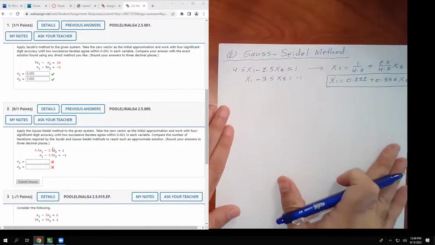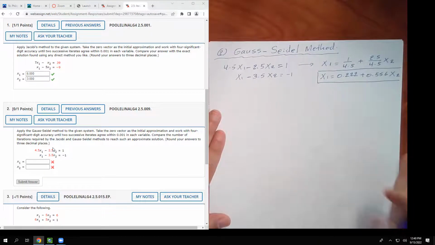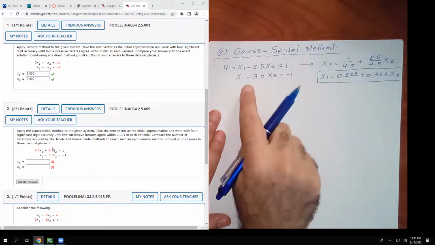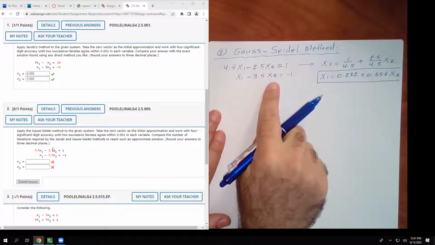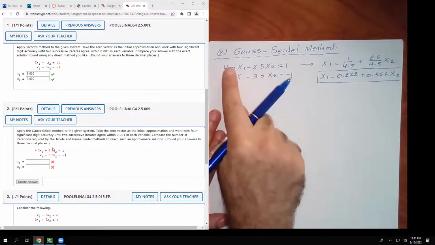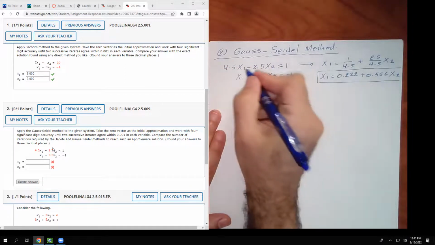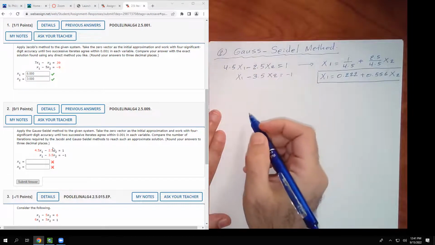The second one, I'm going to solve for x2. Be careful, always the first equation for x1 and the second one for x2.